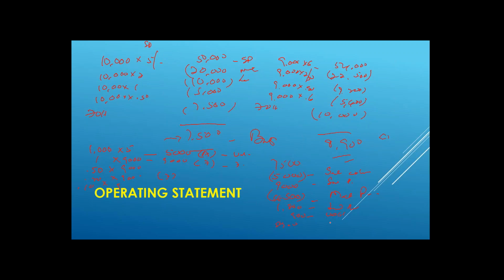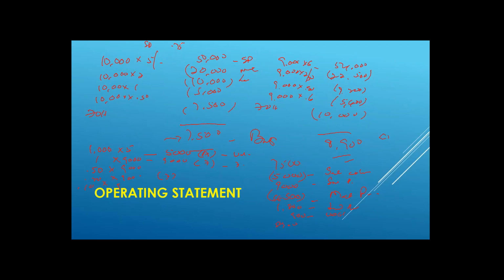Then we have the fixed overhead variance. Straight away we can put the expenditure variance without absorbing it, but we can absorb it and put it up also, because we know we were given 7,500 labor for a 10,000 output. So 10,000 output, 7,500 means the overhead absorption rate is 75 cents per unit.